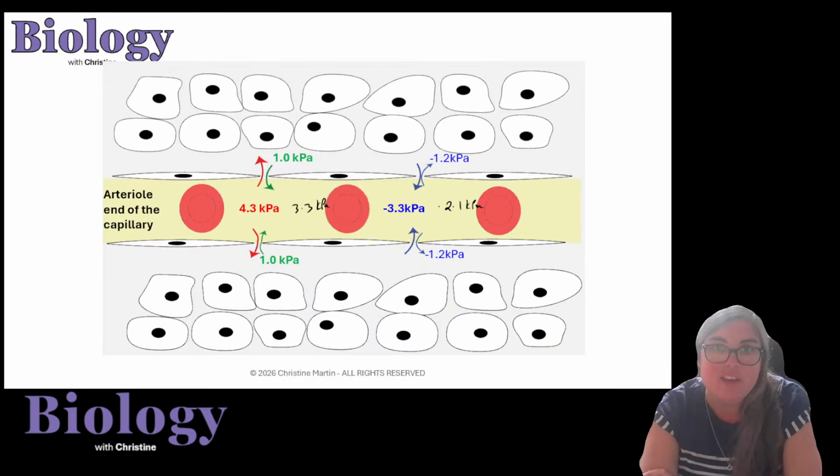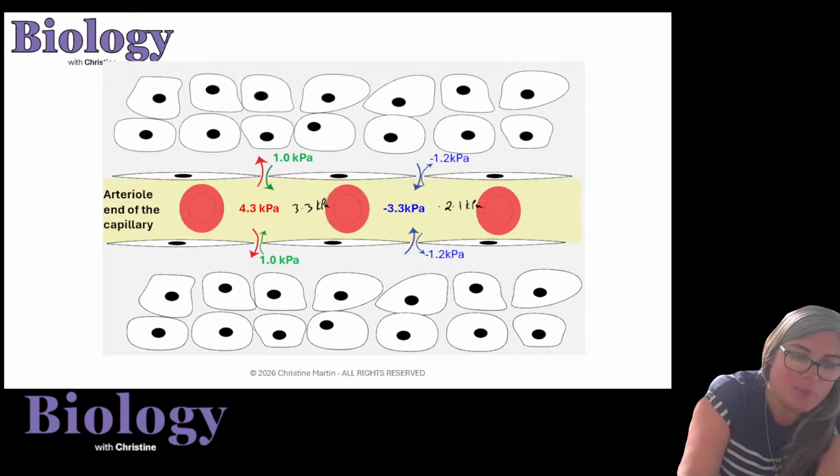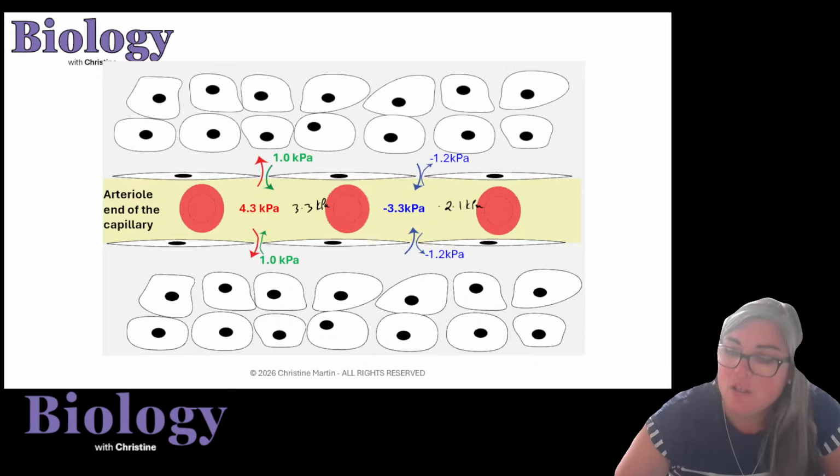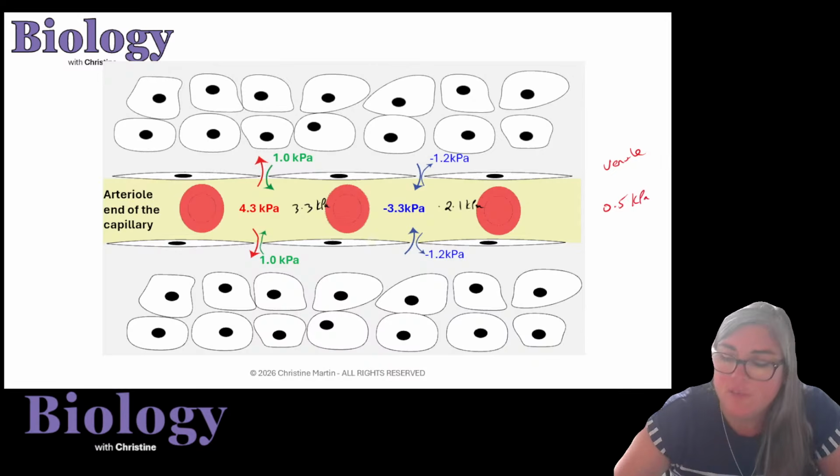When you get to the venule end, the difference between the hydrostatic pressure and the oncotic pressure results in there being a lower hydrostatic pressure. So if we're at the venule end, we would have a net hydrostatic pressure of, for example, 0.5 kilopascals.